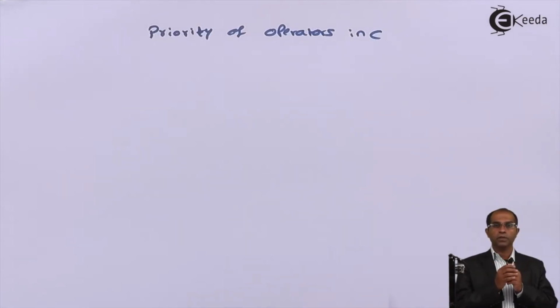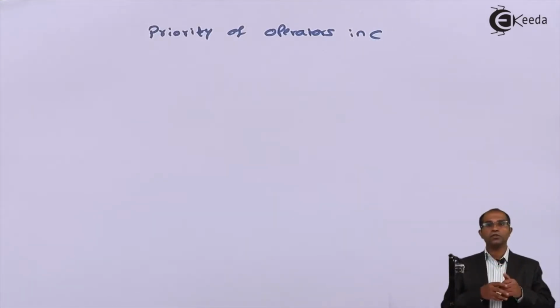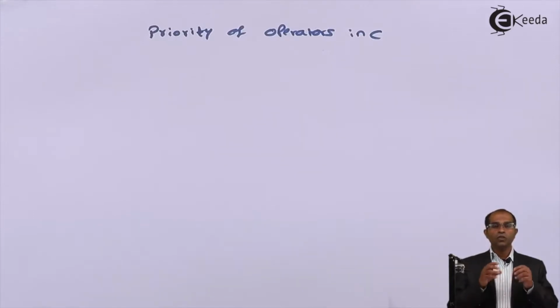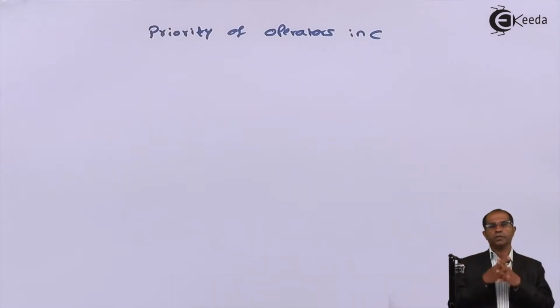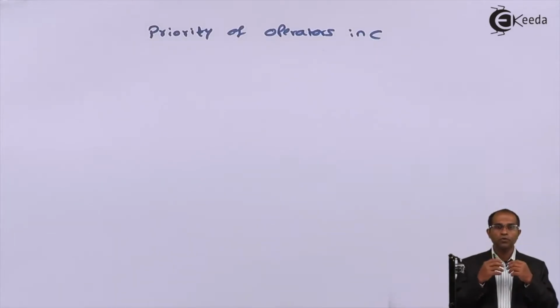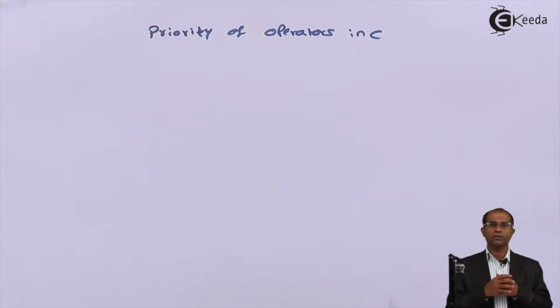In mathematical expressions for scientific applications or for our tasks, you might have multiple operators in an expression. If I have multiple operators in an expression, how are those supposed to be evaluated? Am I supposed to do first arithmetic, first relational, first logical?